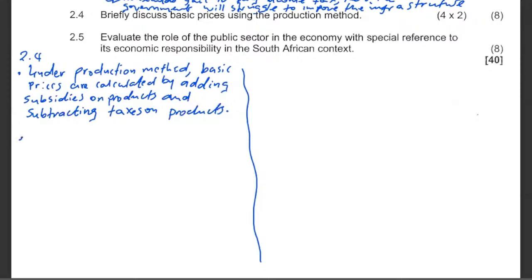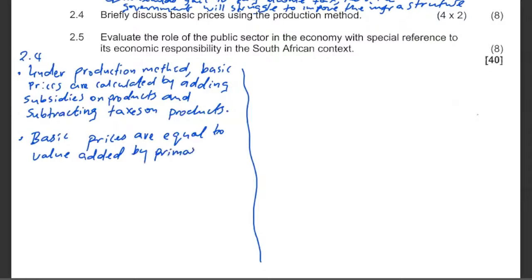Okay, right. So now, and then also we are saying that basic prices are equal to value added by primary sector, secondary sector, and tertiary sector.